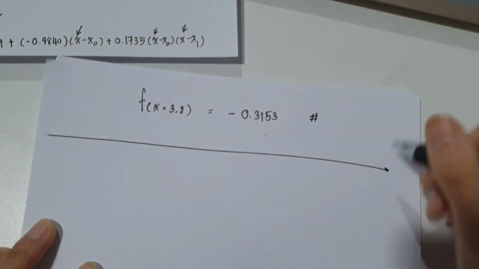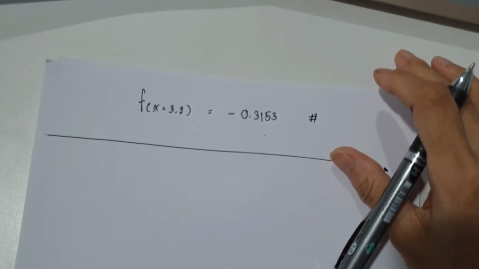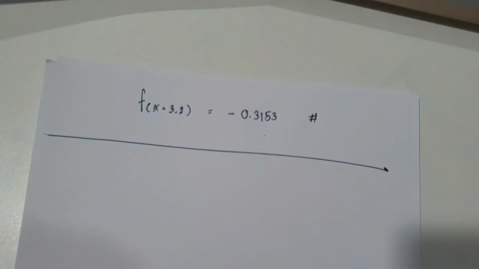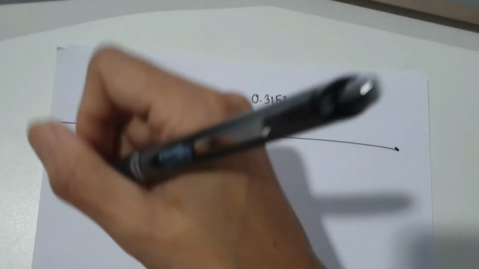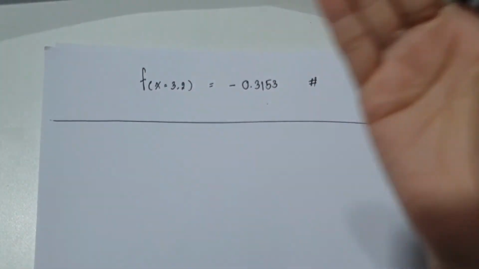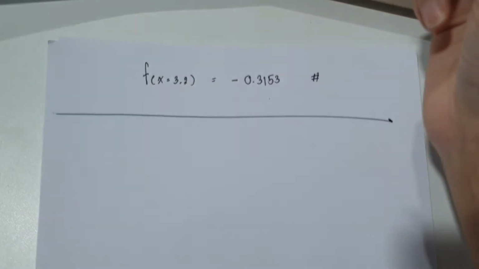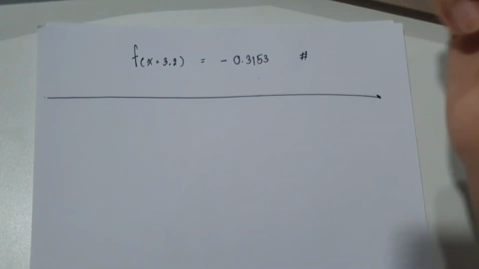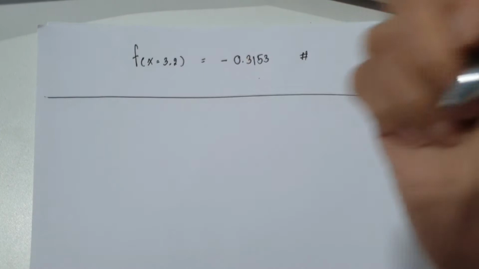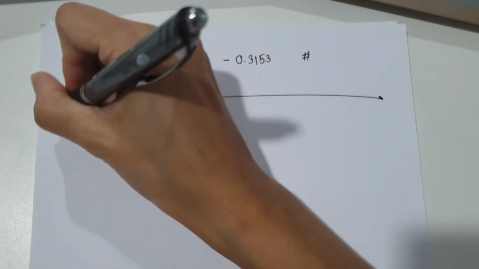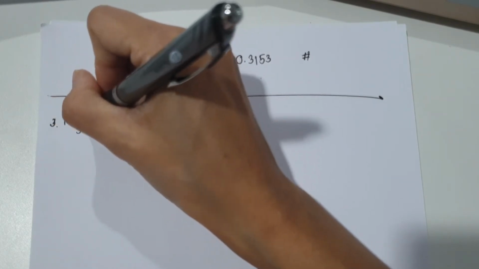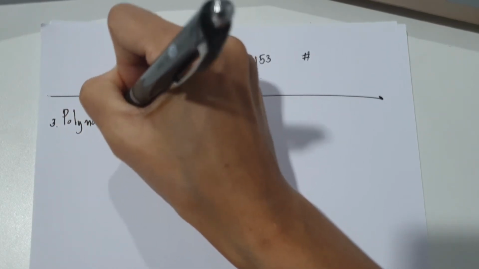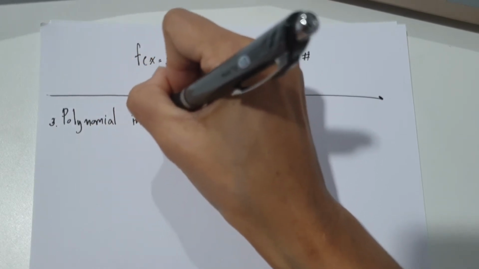Alright. The next part is the general form of the Newton divided difference. So if we try to increase the order of the approximation, we already started with linear, we already did quadratic, and for the generalized form, we learn to use the polynomial interpolation.